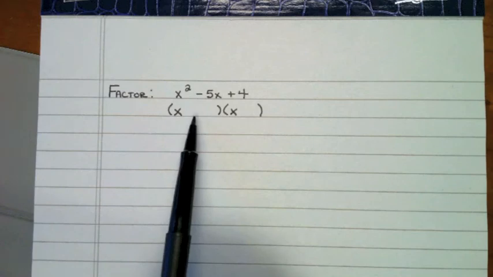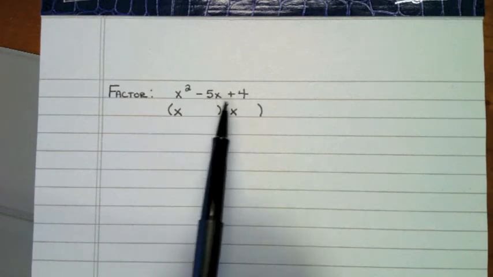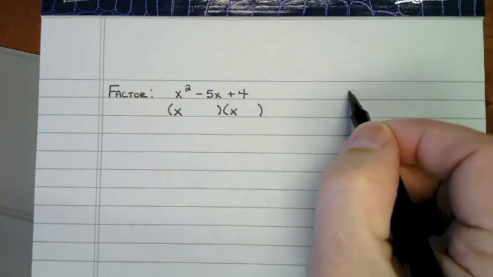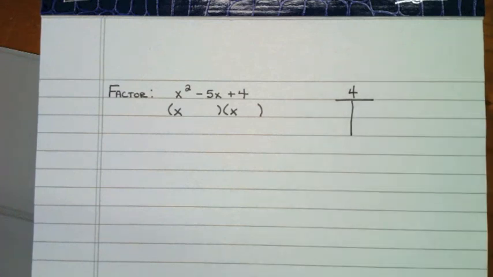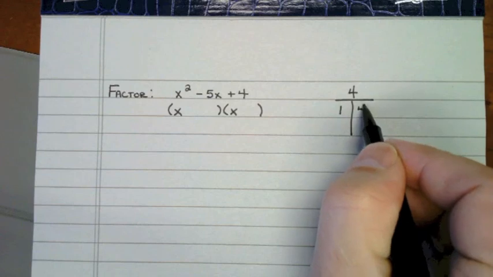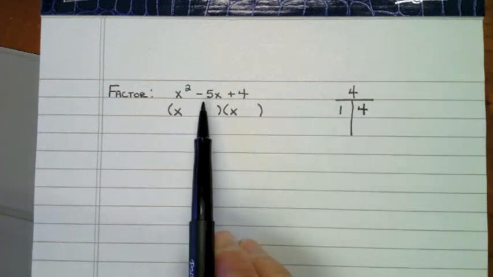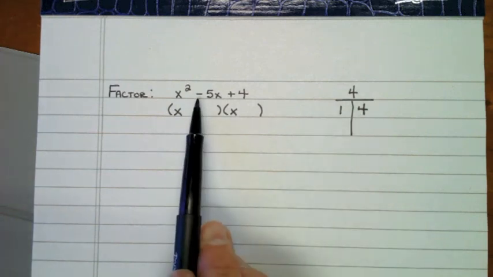I need two numbers. These two numbers have to add up to be -5 and multiply together to give you +4. So let's look at numbers that multiply together to give you 4. 1 and 4. Is there any way I can add or subtract these and get 5? Yes, I can add these together, but look what kind of 5 I need.